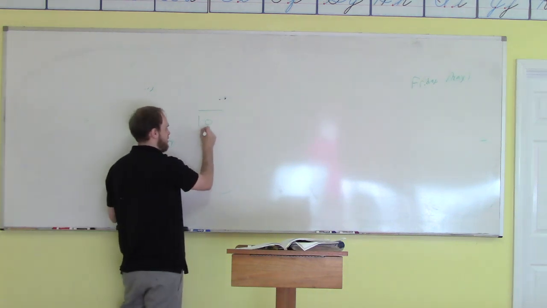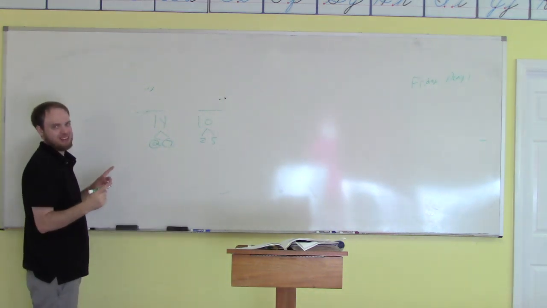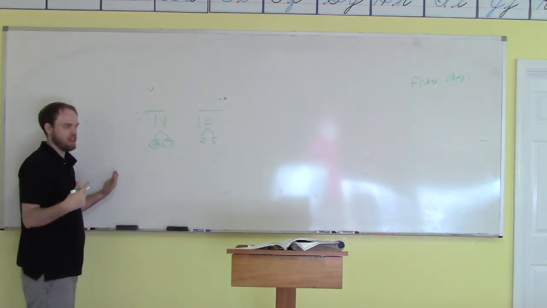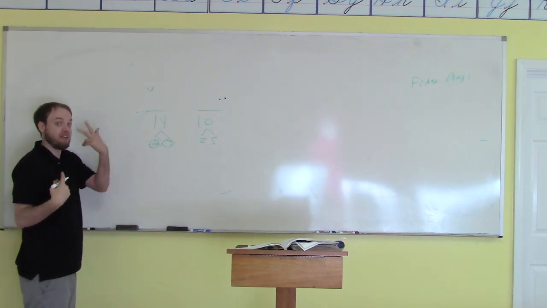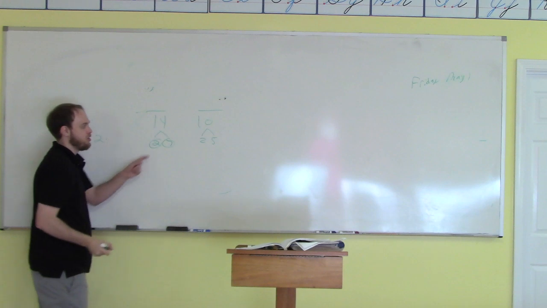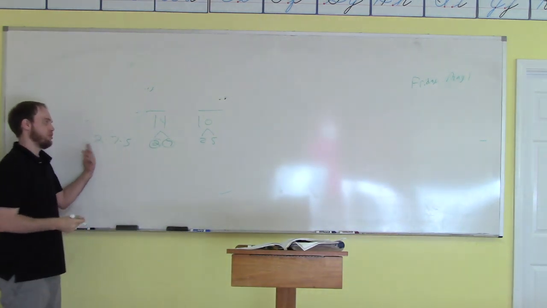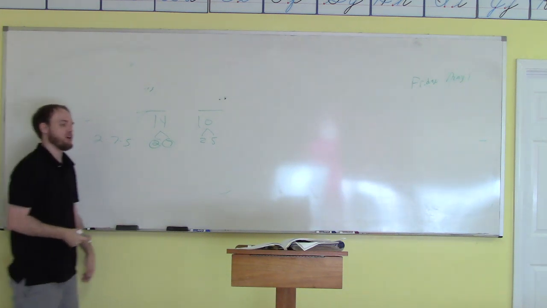The prime factorization of 10 would be 2 and 5. So they both have a 2, which means I can only use one of them. If one of them had two 2's, then I would use two 2's. But since both of them only have a 2, I can use a 2. Then I would need to use a 7, and then a 5. So 2 times 7 times 5 would be the common denominator.